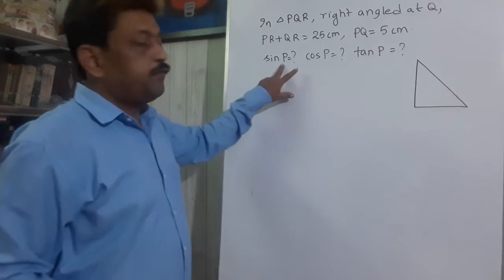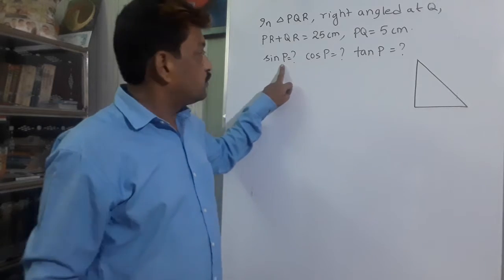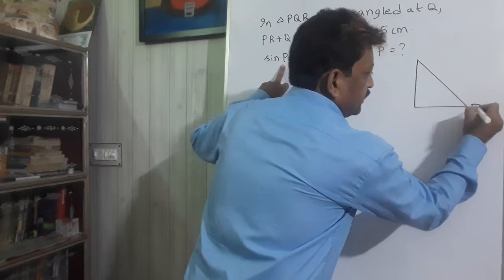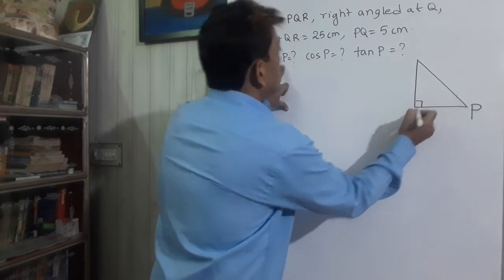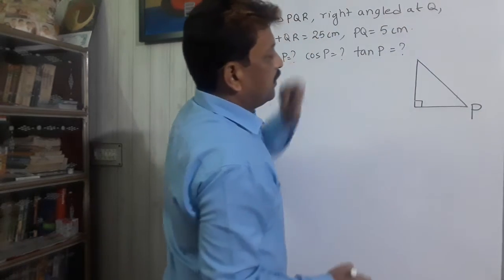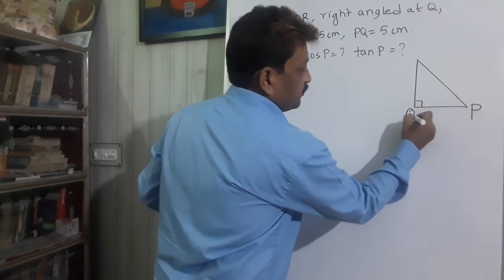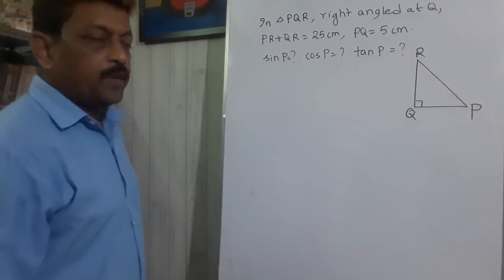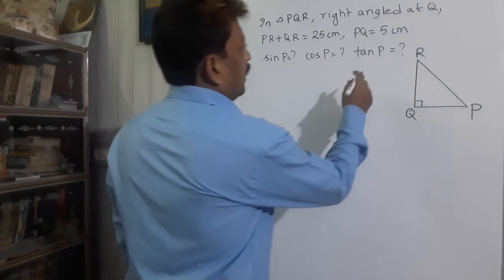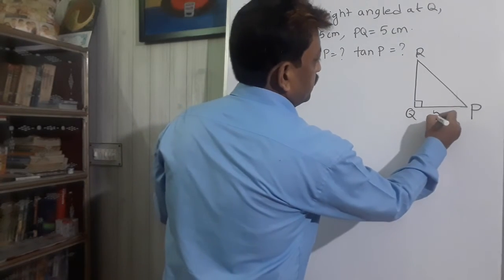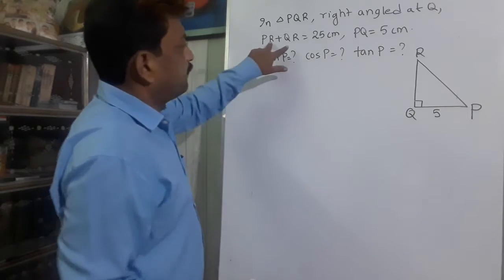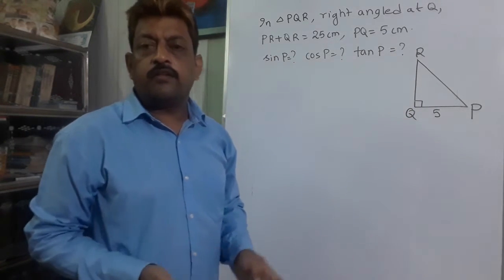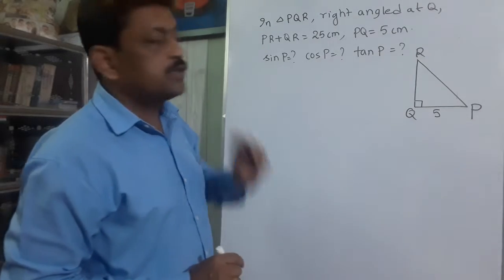Since we have to find the trigonometric ratios of angle P, so I am taking this angle as P, and it is given in the question that Q is the right angle, so this is Q, naturally this is R. Okay, so first of all, PQ is 5 centimeter and the value of PR plus QR is 25 centimeter. They are not given separately, their sum is given.